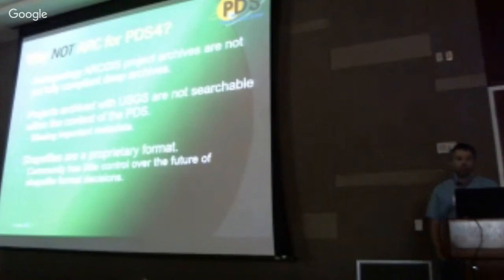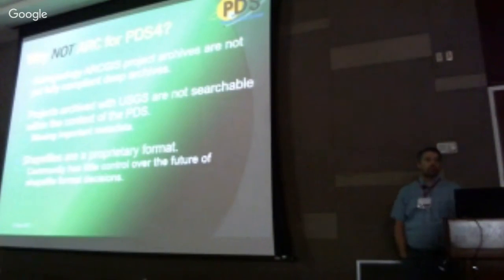The projects archived with USGS are not searchable within the context of the PDS because they are missing important metadata that are expected in PDS4 archives, and therefore, when you search for data with the PDS, you will not find any of those GIS packages in the US Geological Survey.